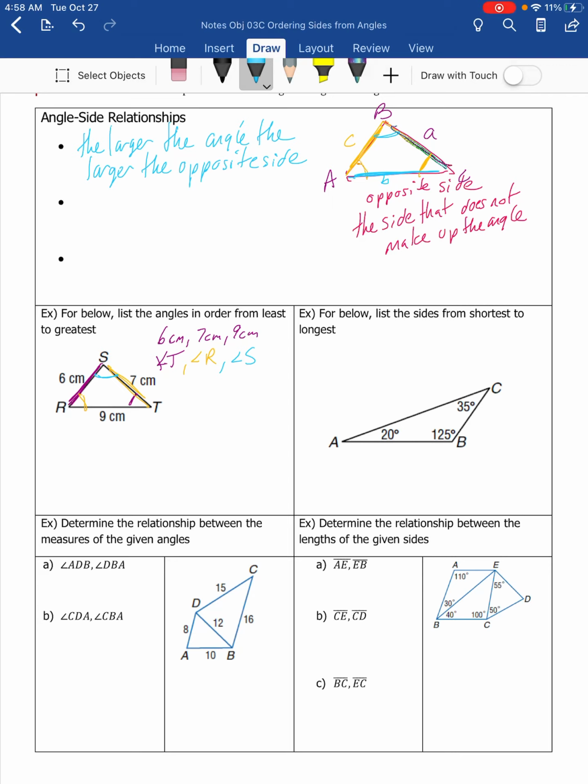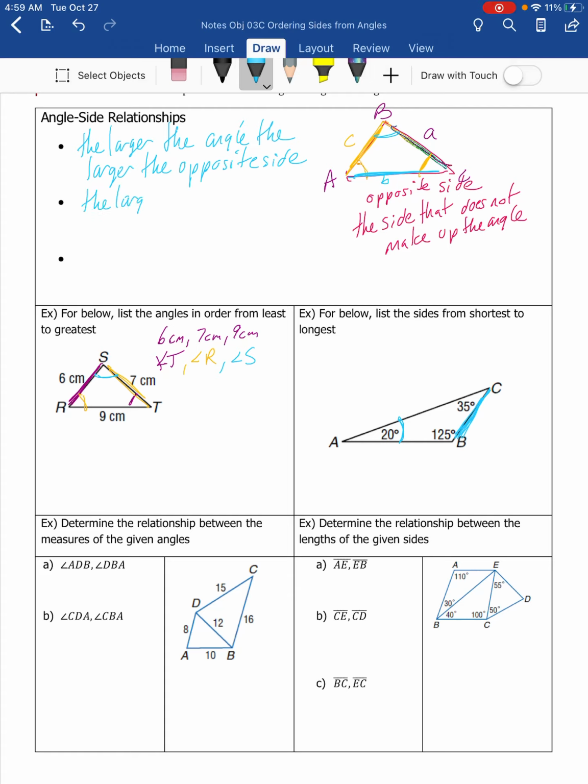Now we're asked to list the sides from shortest to longest. You can kind of see visually that this looks to be the shortest side, and you'd be right because it would be opposite the 20-degree angle. So again, the reverse is true. Actually, I wrote the larger the angle, the larger the opposite side.